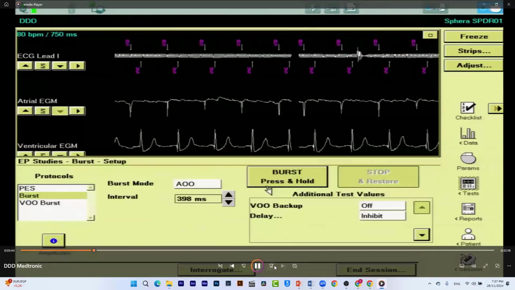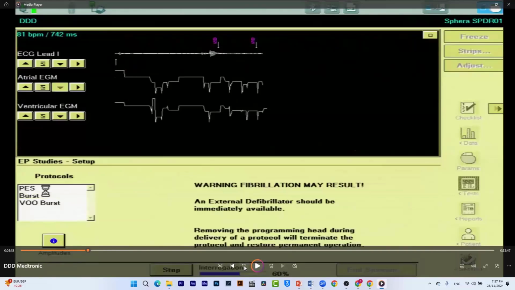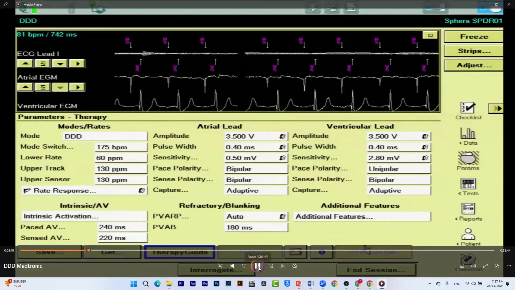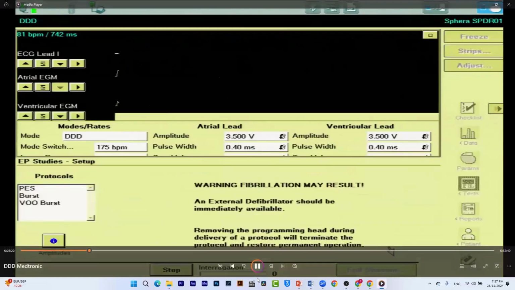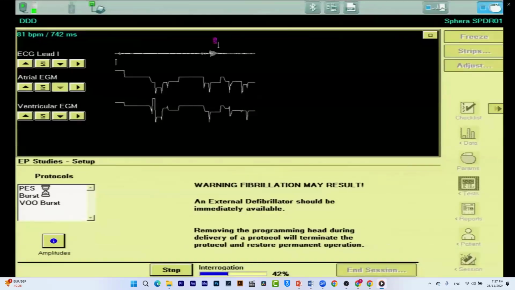I go for tests now, EP study here, and check and choose pacing.